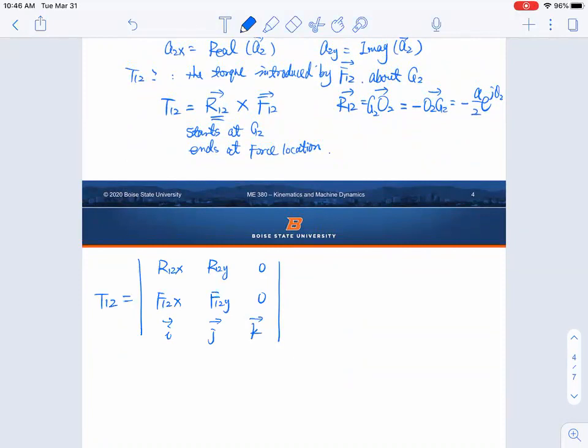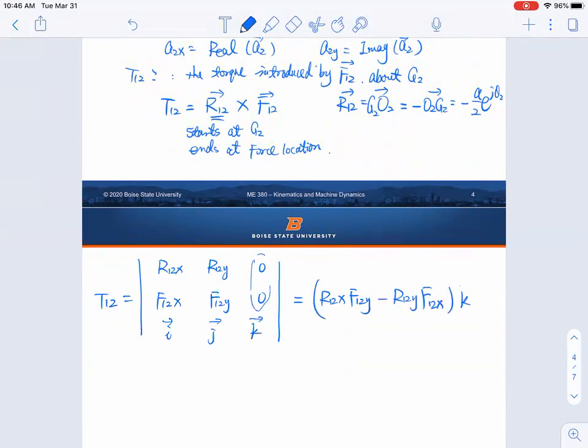I, J, K are unit vectors along the X, Y, and Z directions. Because we have a column of 0, it eventually becomes R12X F12Y minus R12Y F12X.